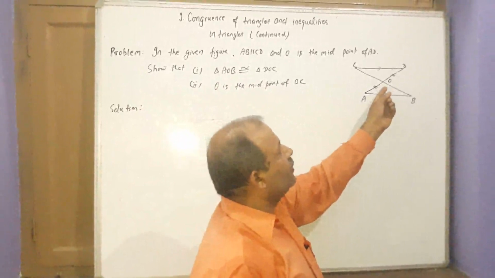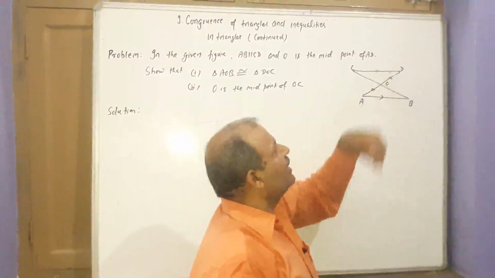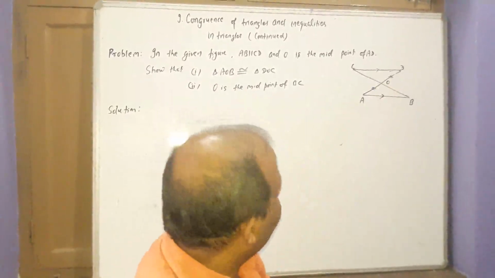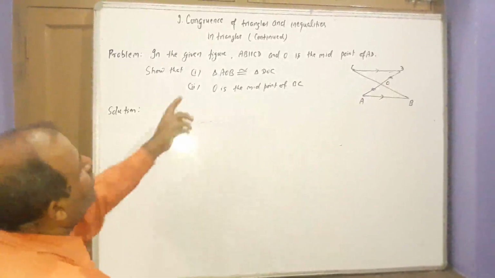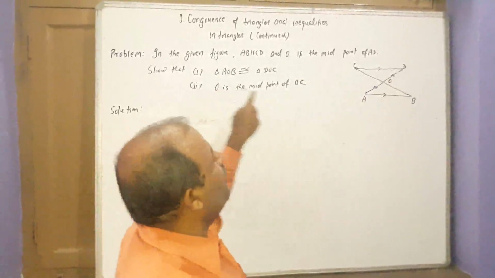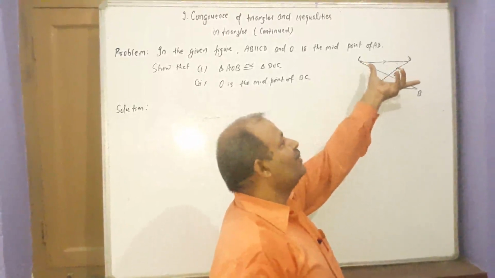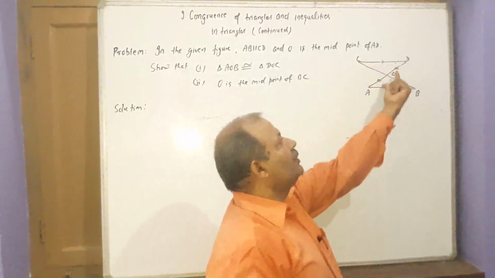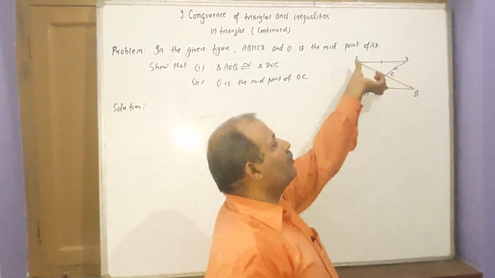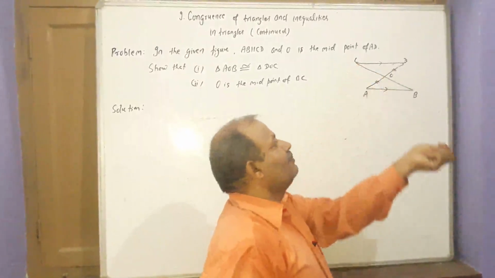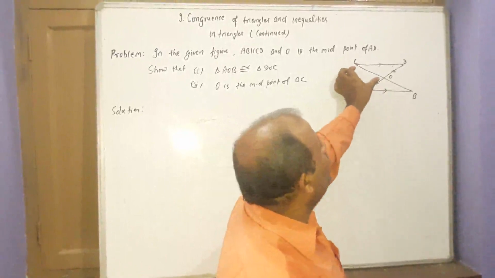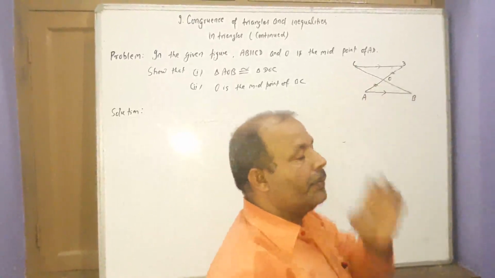We have to prove it. And we also have to prove that O is the midpoint of BC. You know O is the midpoint of AD, and you have to prove O is the midpoint of BC, means you have to prove OC is equal to OB.